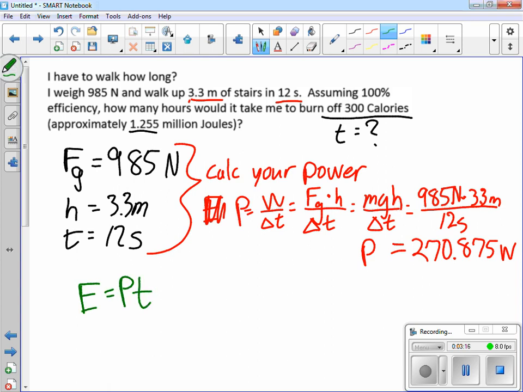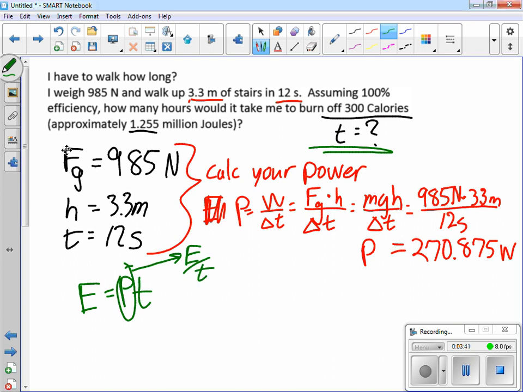Energy is equal to power times time, and solve for the time. This is the time that we want, right? Because power is like the consistent part here. Yes, we always have the same rate at which we're going up the stairs. So power, remember, power is energy divided by time. That's what I mean by the rate.